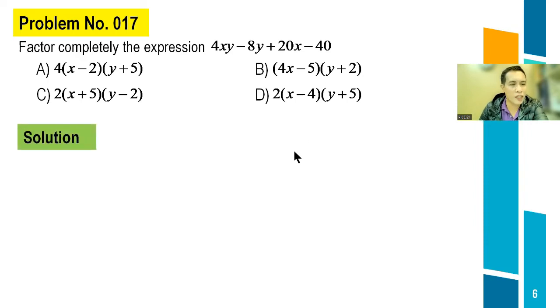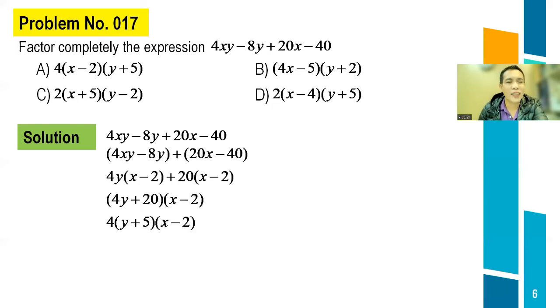For the solution, this is factoring. We have the given 4xy minus 8y plus 20x minus 40. What type of factoring can we use to solve the given expression? The answer is by grouping.